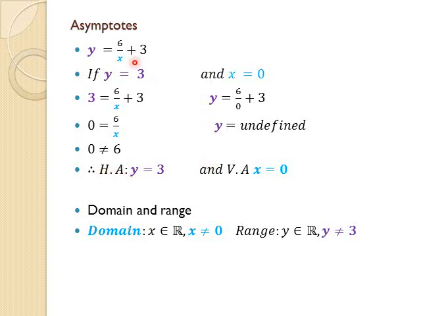If I look at the vertical asymptote, if I make x equal to 0, y equals 6 divided by 0 plus 3. 6 divided by 0 is undefined, therefore the whole equation becomes undefined. As you can see, the vertical asymptote is always x equals 0.